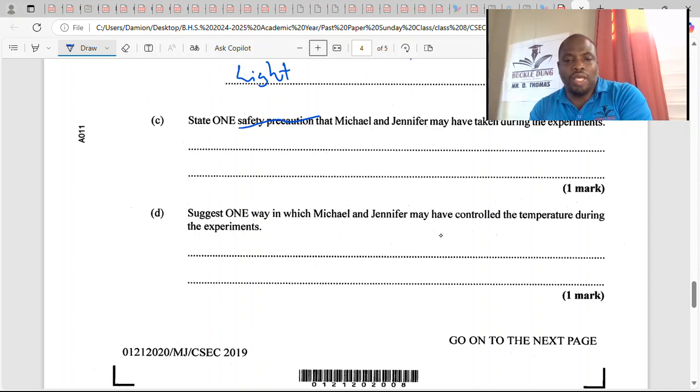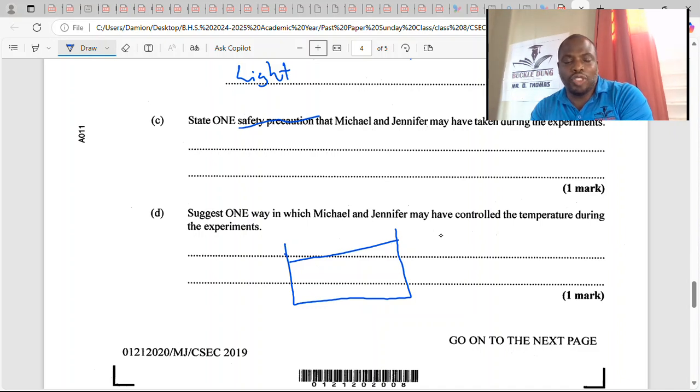Just one way in which Michael and Jennifer may have controlled the temperature during the experiment. Now, we know water has a property. It doesn't change its temperature at the same time as the outside environment. So most of the time, what we do is place the contents in a water bath.